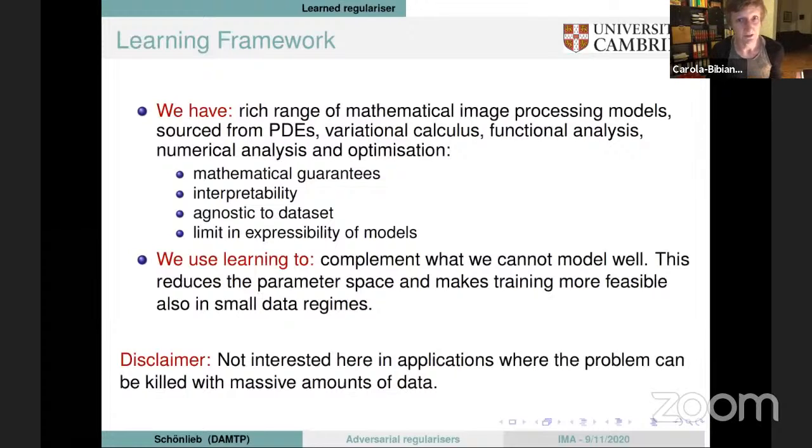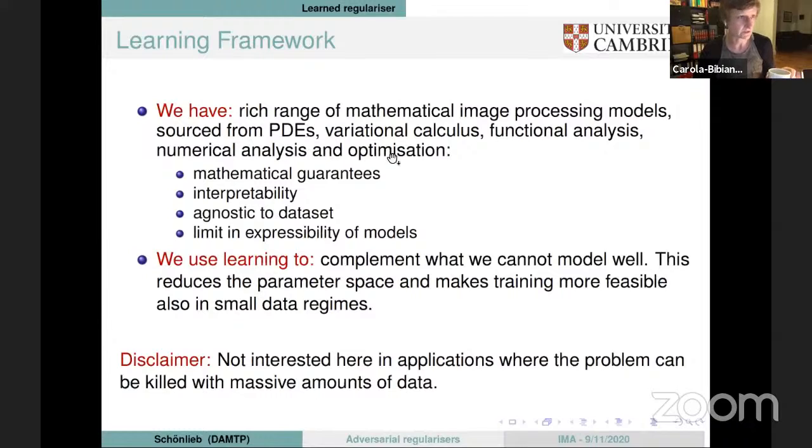The situation I want to be in is to take as a starting point what we already know that we can do well and that we like. I want to start with variational methods.